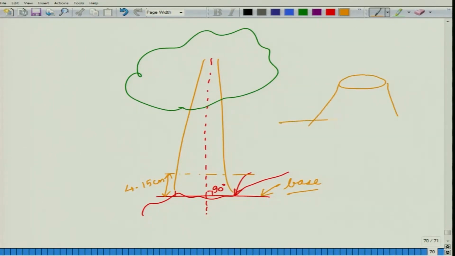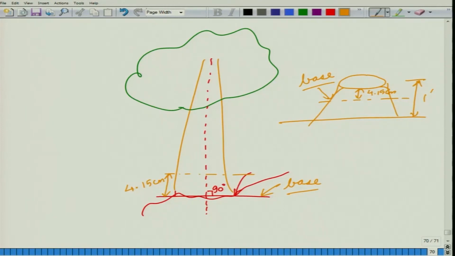A stump is generally 1 foot, but then we do some stump dressing. So, we could take any point that is 4.15 centimeters below the top of the stump, and we could define that as the base. So, that is another definition of base.